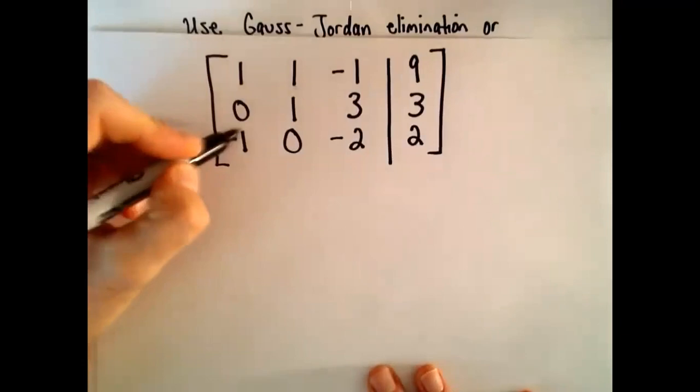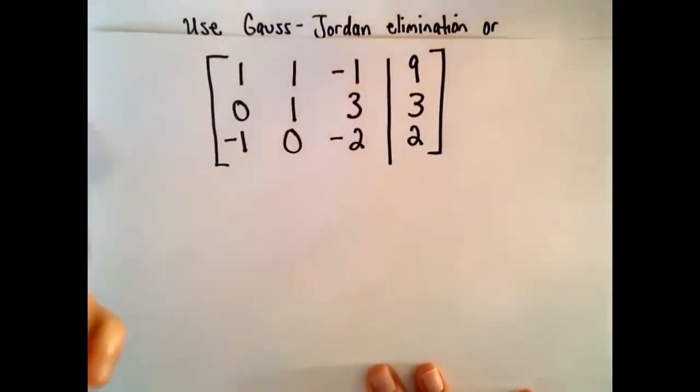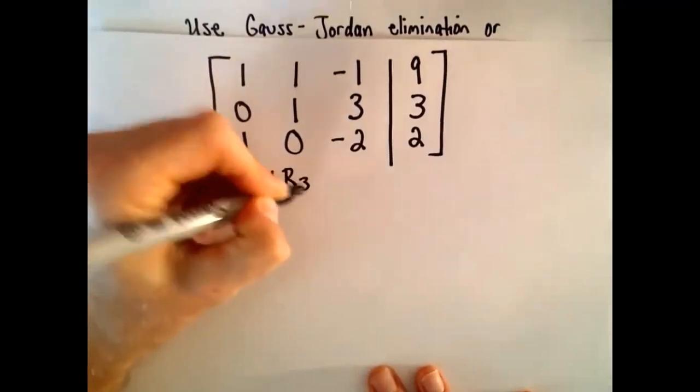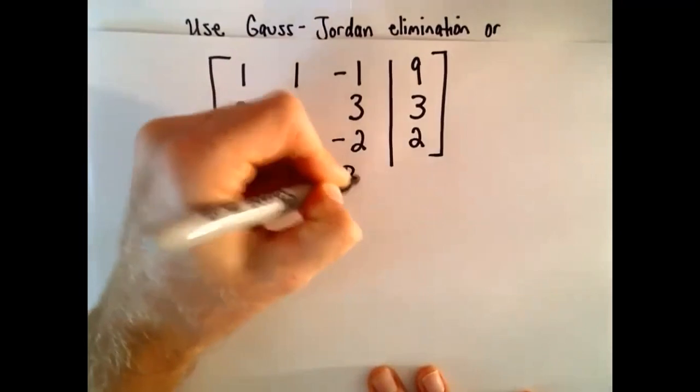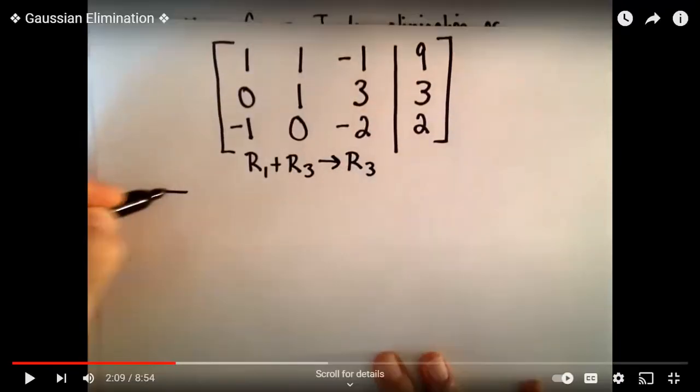To get a 0 in the third row, first column, I'm just going to take row 1 and add that to row 3. That's going to replace my row 3. Notice how he's writing a mapping of what he's doing, saying how he's manipulating the matrix. He's identifying what he's combining and which row he's substituting it back into.